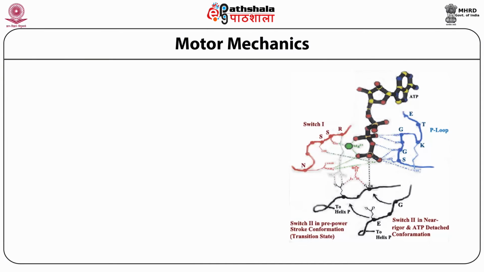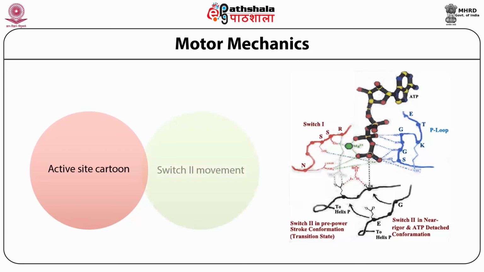In this slide we can clearly understand the motor mechanics. Here most of the structure is removed and only the active site components are kept. The nucleotide is bound between the P loop, switch 1 and switch 2. The ATP bound state or ADP state cannot interact with switch 2, which is far apart.